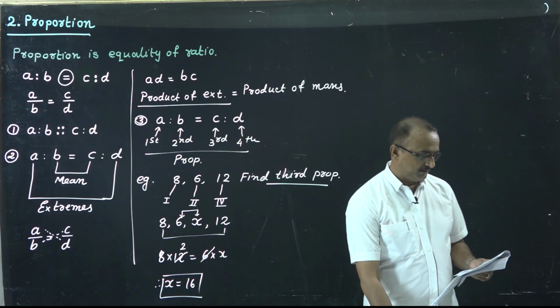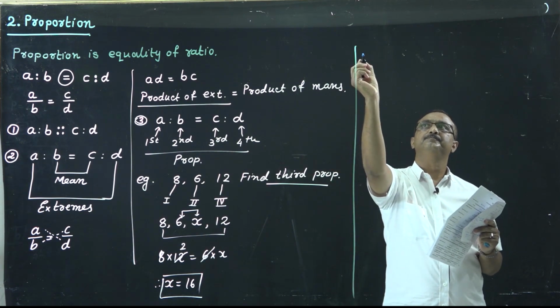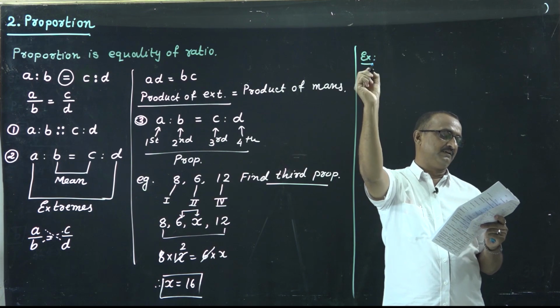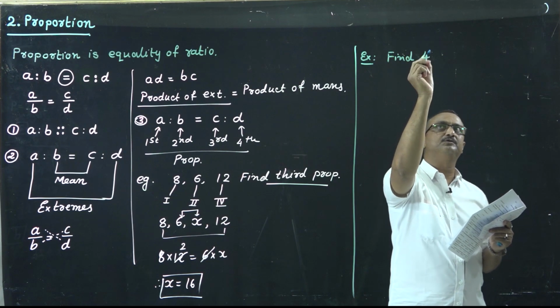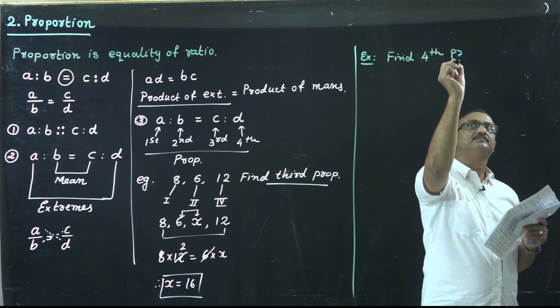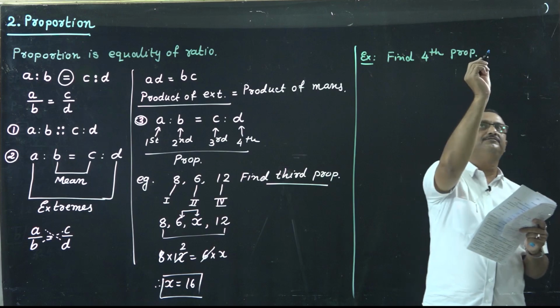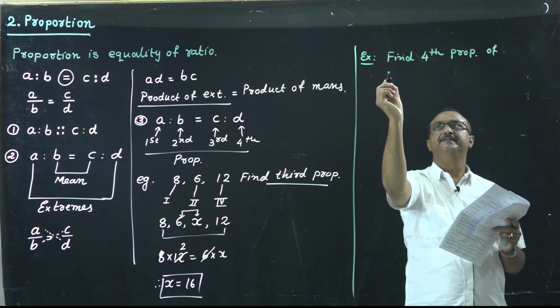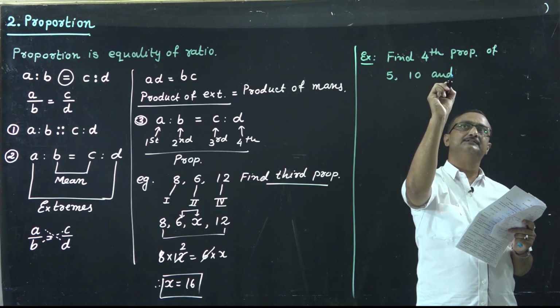Now, one more question we are taking for this. Find fourth proportional of 5, 10 and 12.